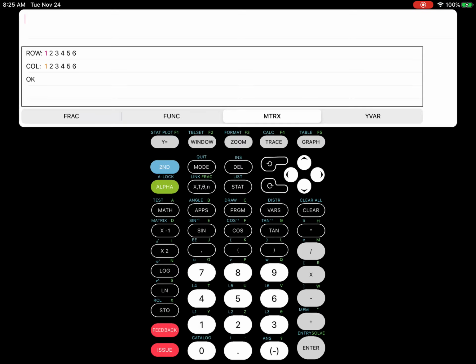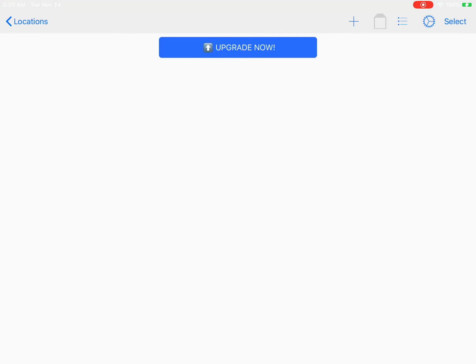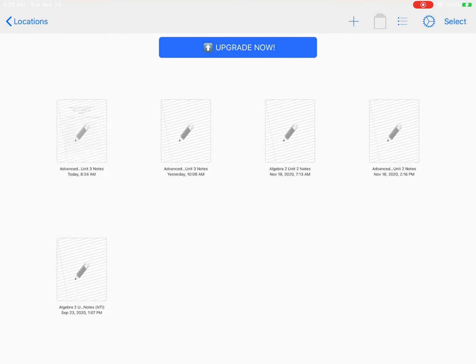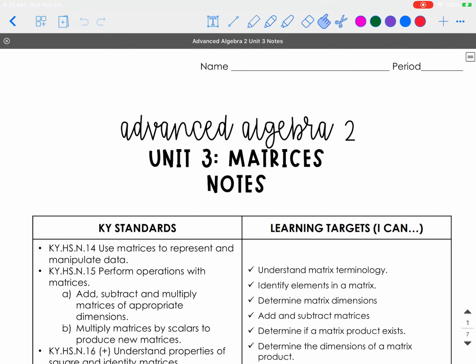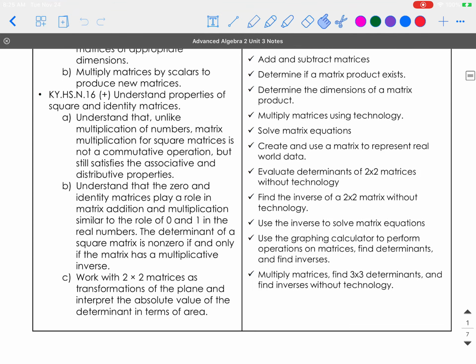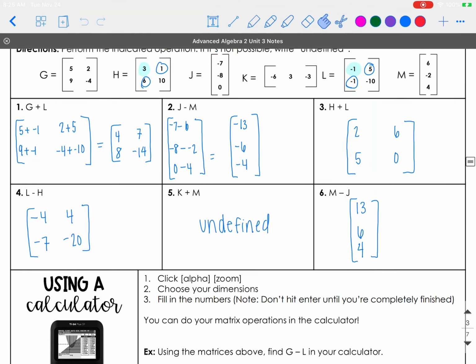On your Chromebook, the calculator you see looks more like the actual calculator. So on yours, you're going to hit alpha zoom, and then you have to arrow up and highlight the dimensions that you want. It just looks different on this app a tiny bit.